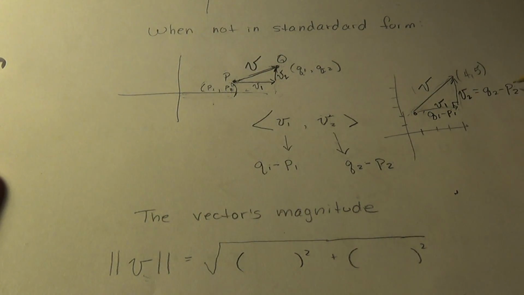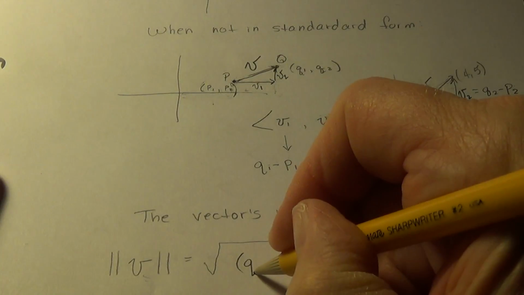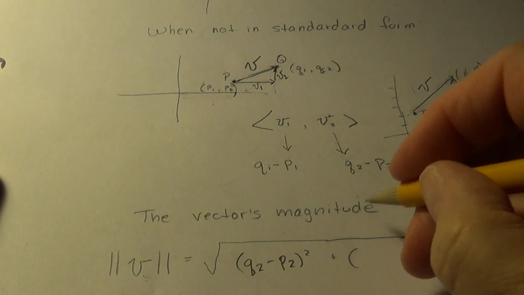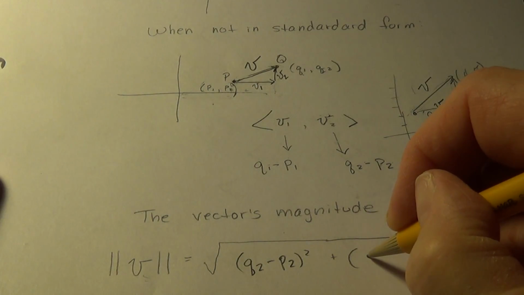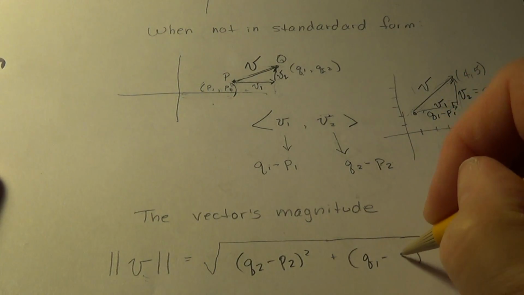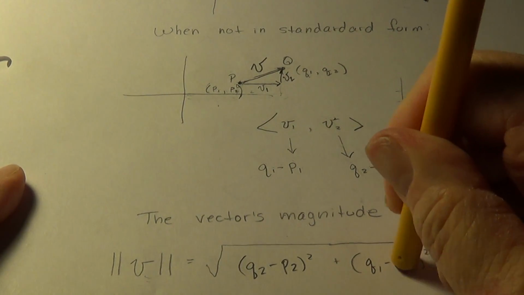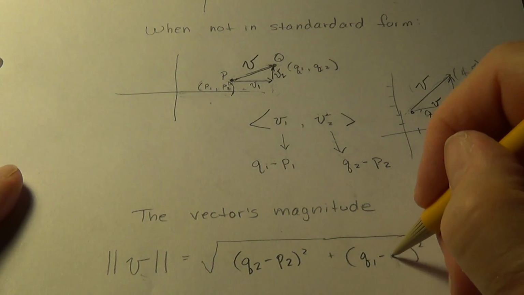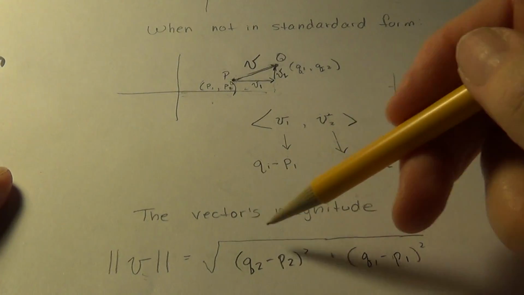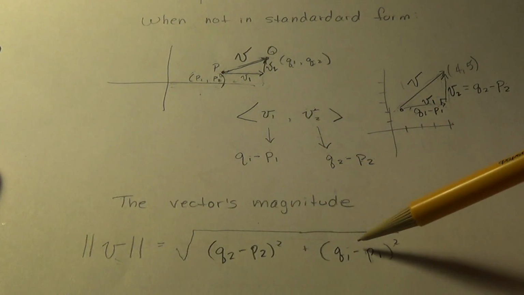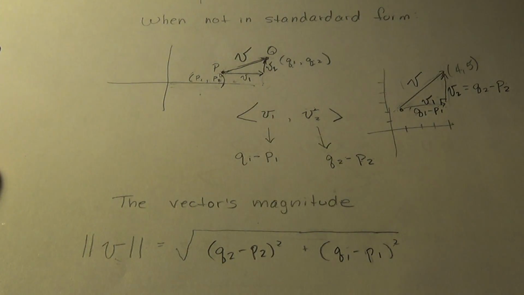Doesn't matter which one's first. I'll do the 2's, Q2 minus P2, and then the X's, Q1 minus P1. All right, so this is using the Pythagorean theorem, we get the magnitude.